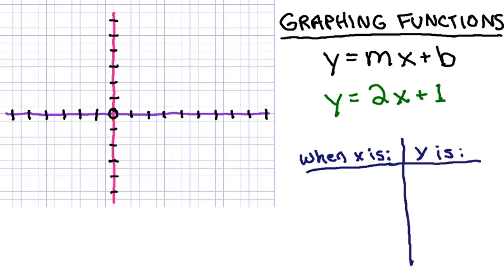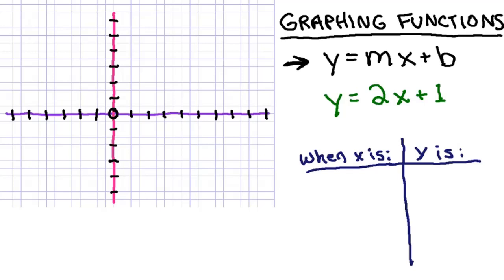Okay, so now that we have been introduced to the slope-intercept formula, this y equals mx plus b up here, and I showed you this before in our previous video, but we're going to do one more example just to make sure you get it.